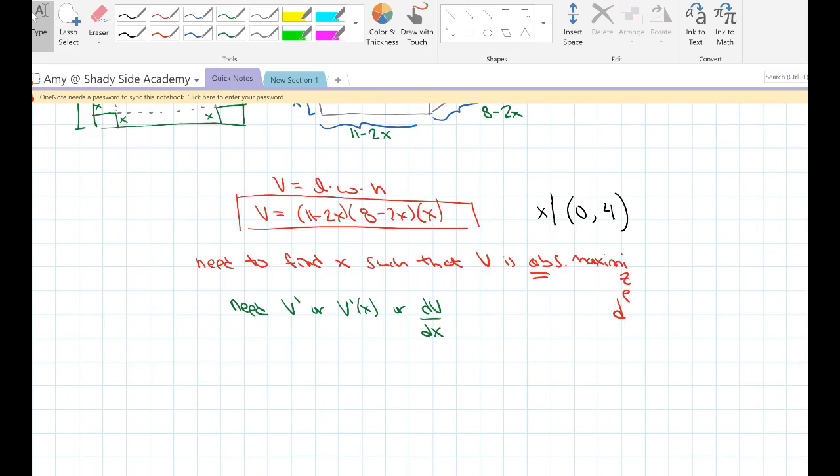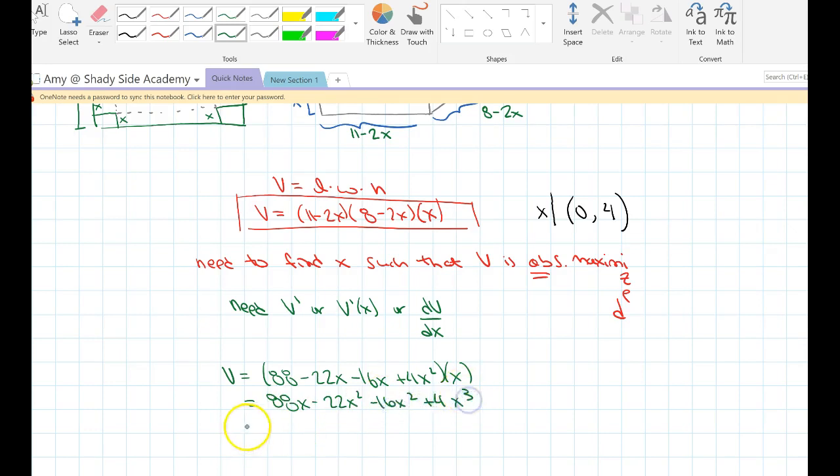So when I get there, I'm going to get V equals 88 minus 22x minus 16x plus 4x squared, all of it times x, and I get 88x minus 22x squared minus 16x squared plus 4x cubed, which equals 88x minus 38x squared plus 4x cubed, right?